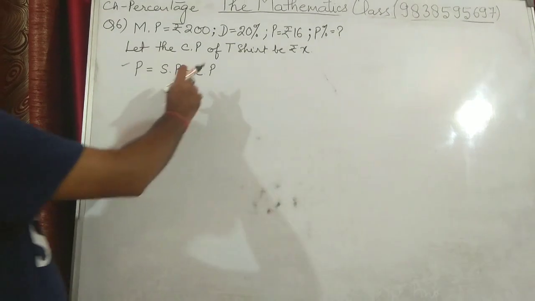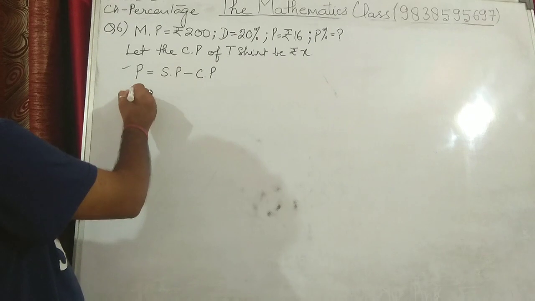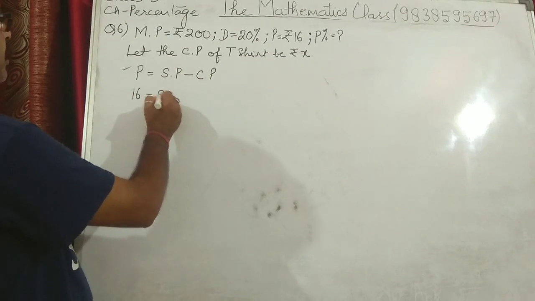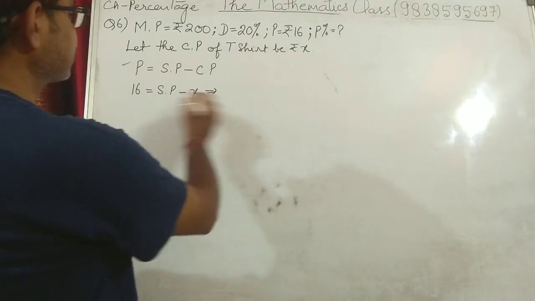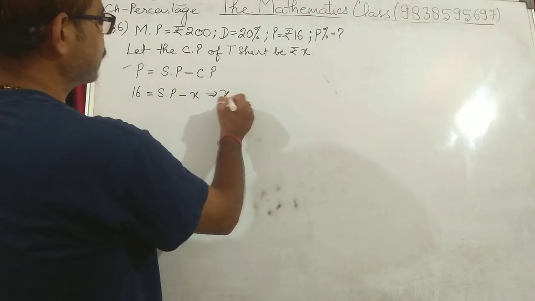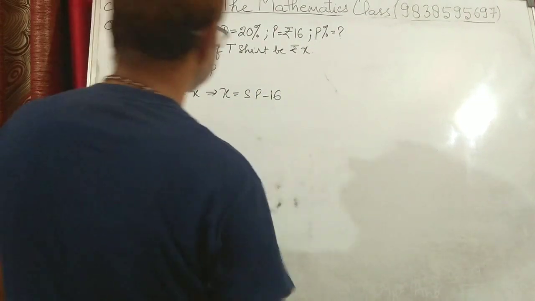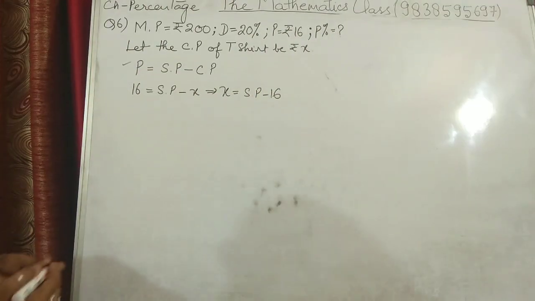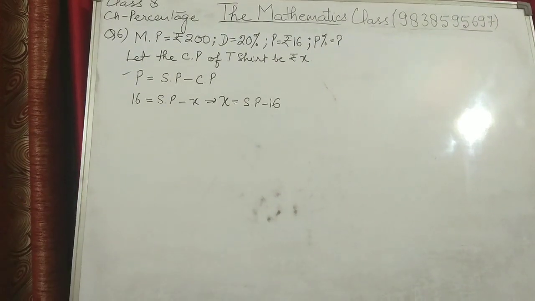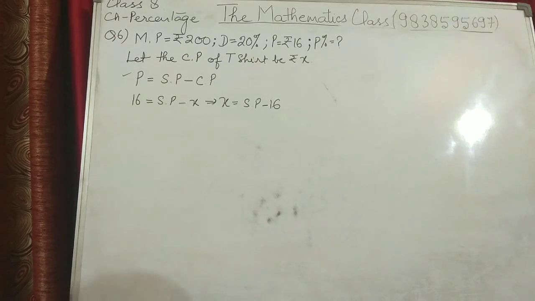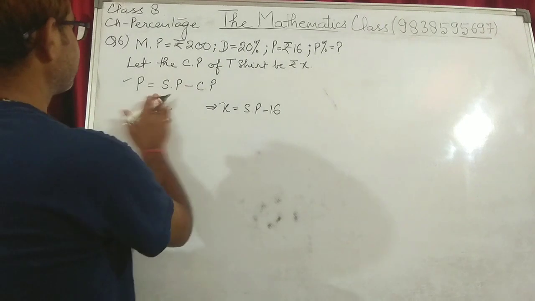I have taken cost price as X, profit is given 16 rupees. 16 is equal to selling price minus X, which implies that X goes to this side. X will be selling price minus 16.